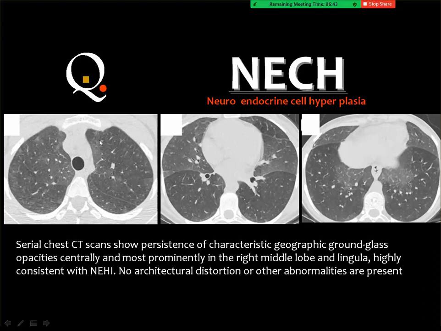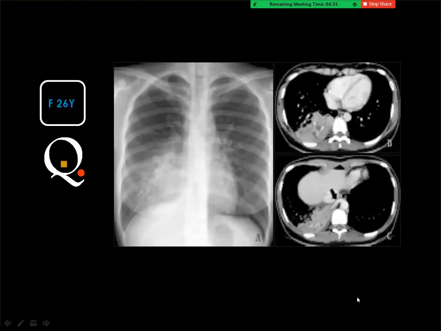You may see also some changes in the other parts of the lung, but this is very characteristic for neuroendocrine cell hyperplasia. Next case is a female, 26 years old, with patchy opacity in the right lower lobe.